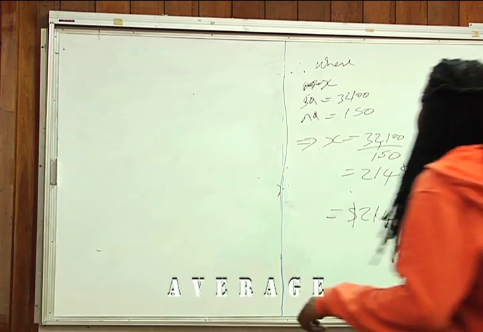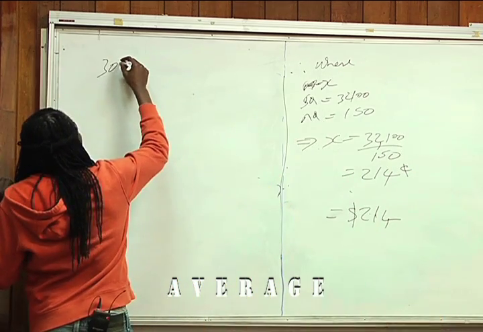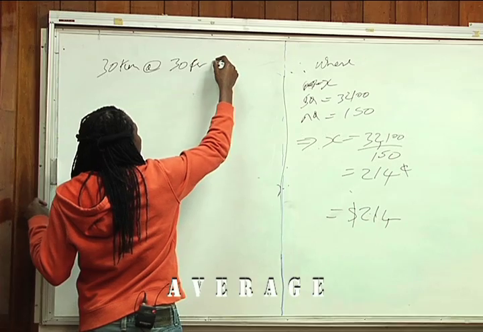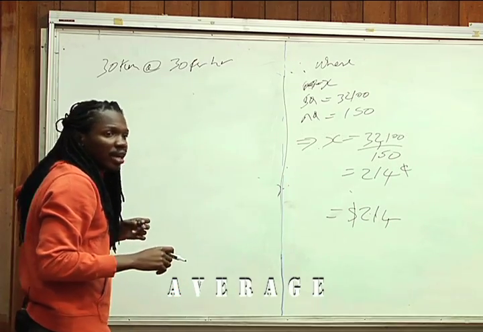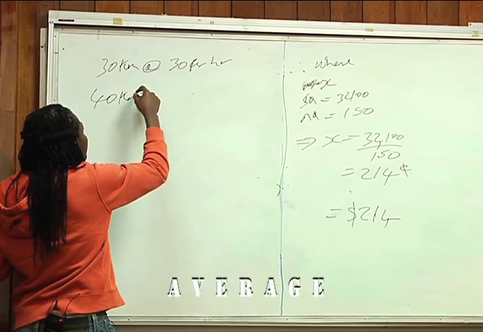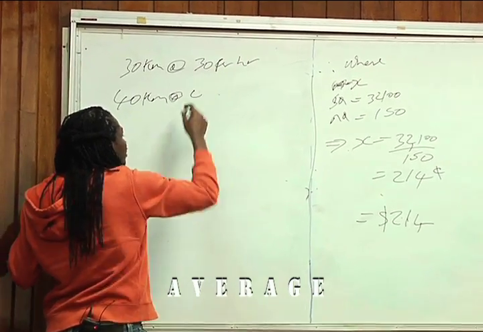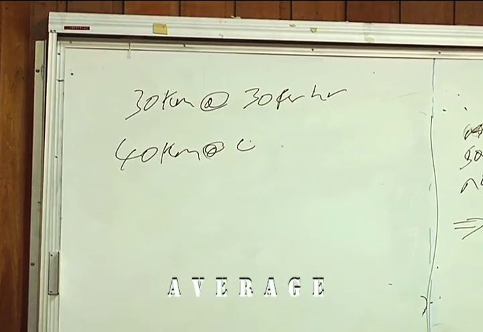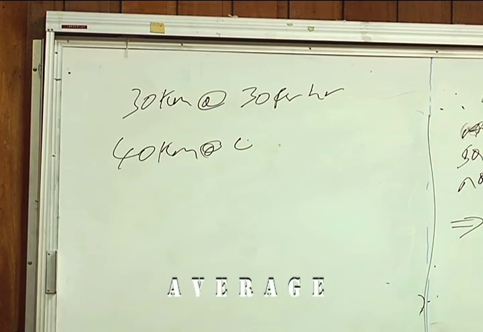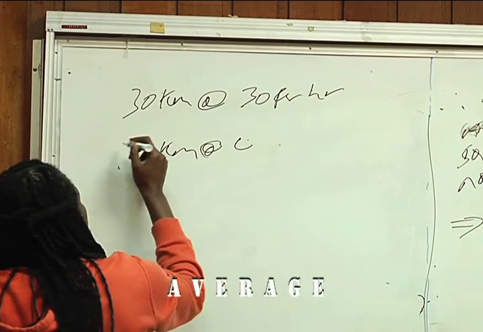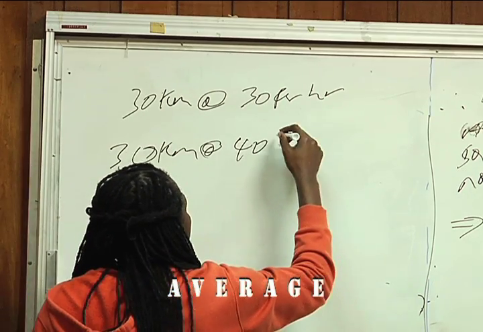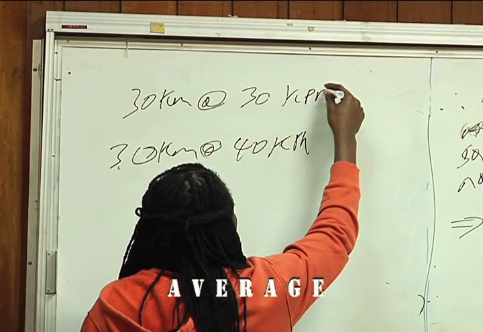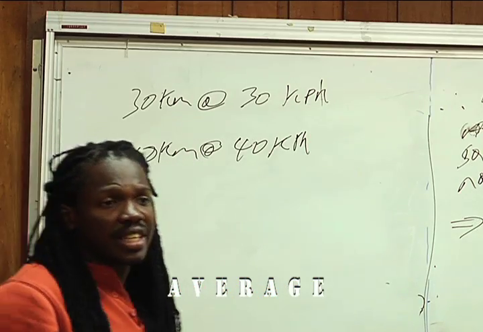Then he traveled another 30 kilometers at 40 kph. Kilometers per hour, not Kingston Public Hospital.